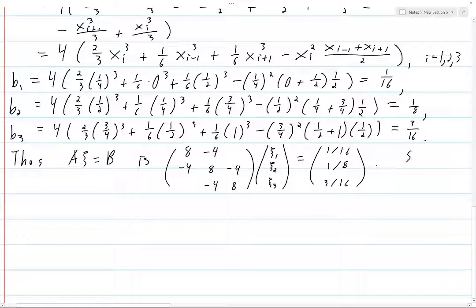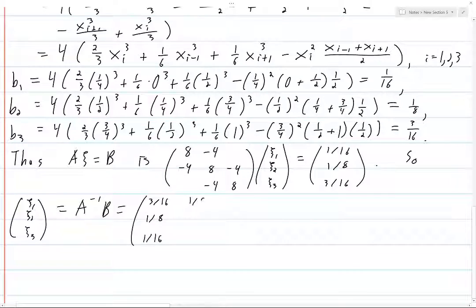Alright, so then what we have is xi1, xi2, xi3 equals A inverse B. Again, I didn't do this myself. You could do this yourself, and especially if you're a little rusty on your linear algebra, it's probably a good idea to practice doing inverses of 3 by 3 matrices.